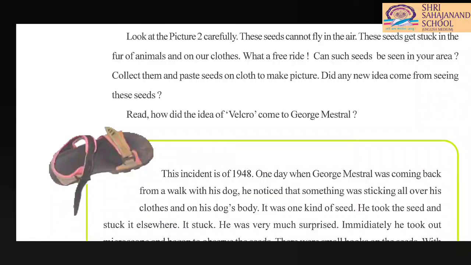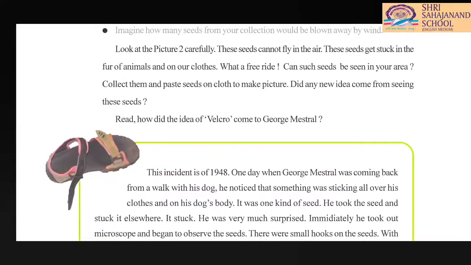You have to remember this because you may get an objective question in MCQ, sometimes in fill in the blanks, or sometimes even in your one sentence answer. The question might be asked, who invented Velcro, or George Mestral invented which thing. So you have to write the answer accordingly.